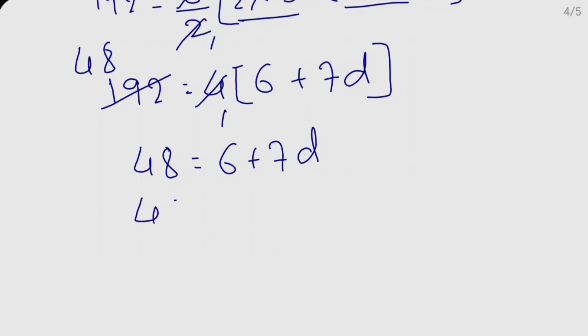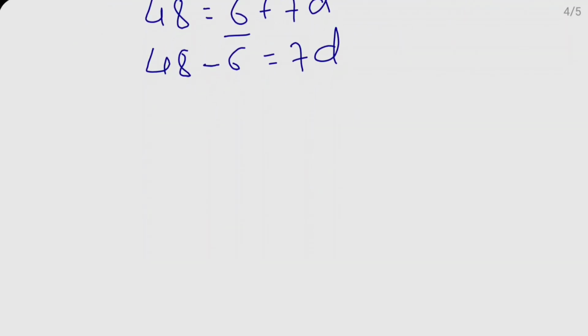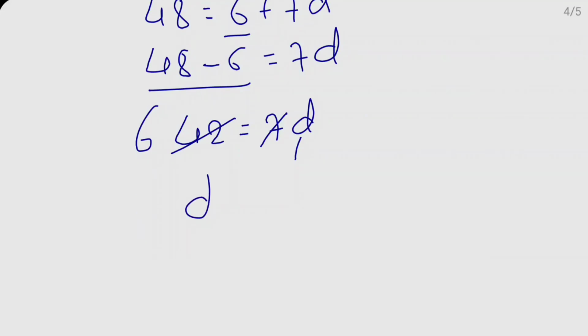So now 48 as it is, this 6 comes to the LHS side, it becomes a minus 6, and this equals 7d. So here 48 minus 6 is 42 equal to 7d, right? So here 7 sixes are 42. So d is 6.